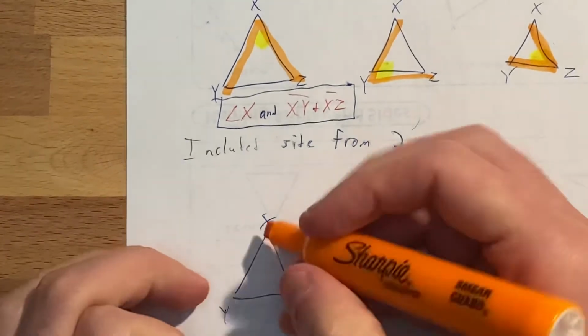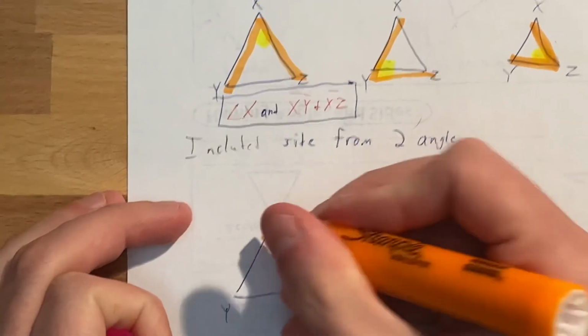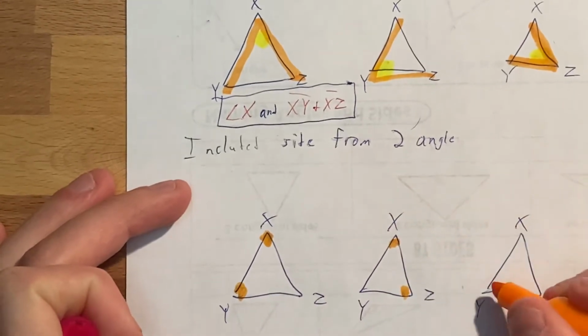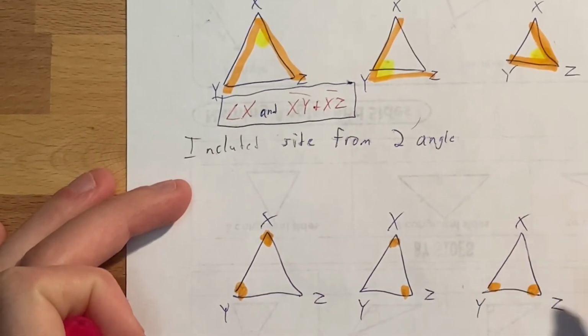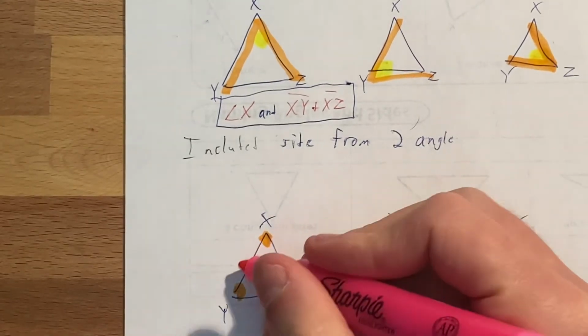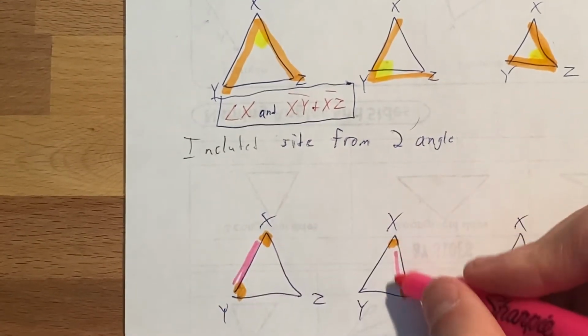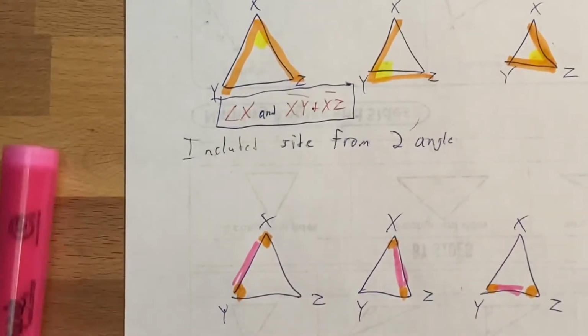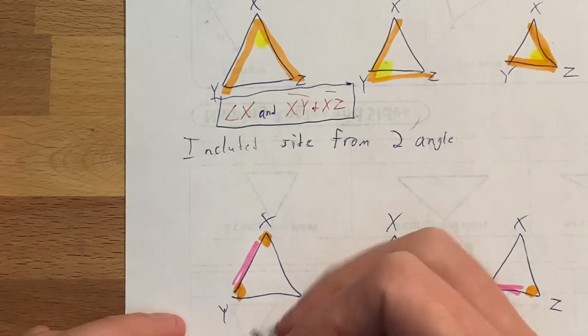And from two angles. So once again, I'll show you the three possibilities, and I recommend just justifying within yourself why there's only three possibilities. Like, it's impossible to choose any other two angles. And this time when you look at it, you can probably see that between these two angles, there is one side that connects them. So given two angles, the included side is there.